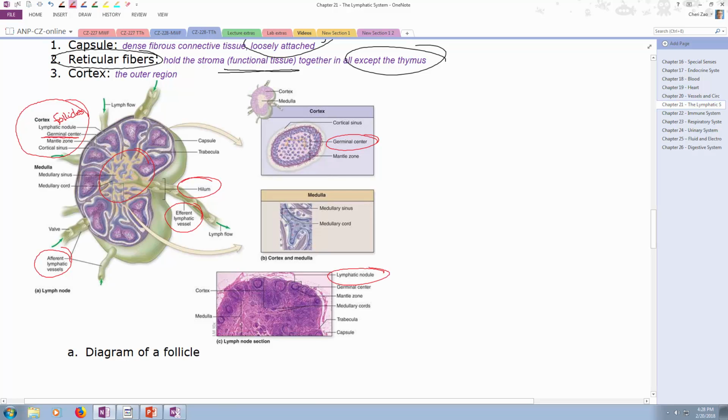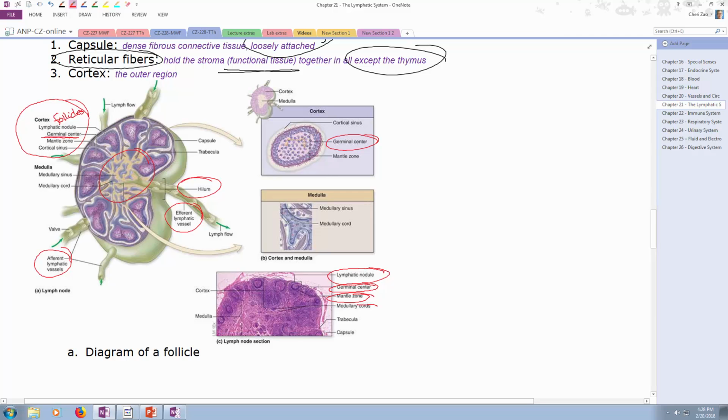That's a lymphatic nodule or follicle, and it's showing you down below. The germinal center is in the middle of it, and it is lighter, and there is a darker mantle around that germinal center. The germinal center, again, is for B lymphocytes, and the area around it is for T lymphocytes.